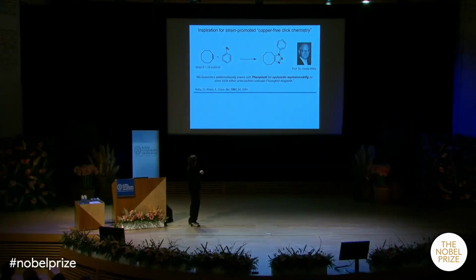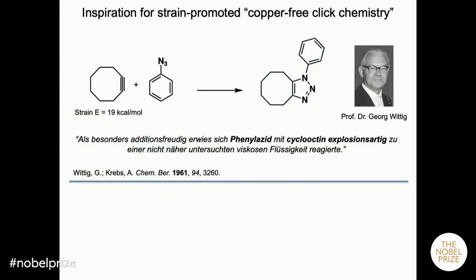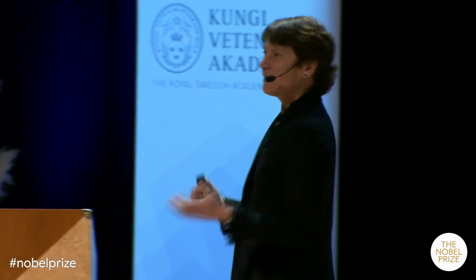And when Wittig and Krebs, his coworker, combined cyclooctyne with phenylazide, you can see from this statement in German, the reaction proceeded like an explosion to form the corresponding triazole. So here was an azide-alkyne cycloaddition with no catalyst that basically proceeds at room temperature without the need to heat it up.